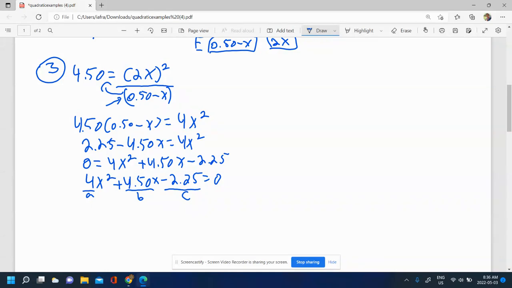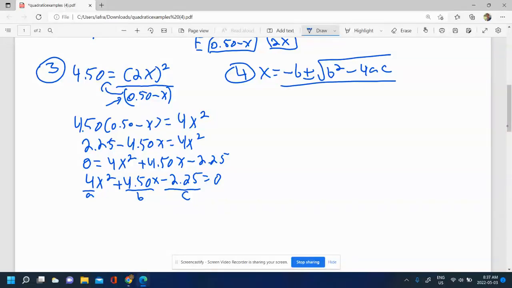We just have to plug our x values into the equilibrium concentration expressions we came up with, and then that is going to help us find our equilibrium concentrations. So let's go ahead and do that. So we know that x is equal to minus b plus or minus square root of b squared minus 4ac over 2a.